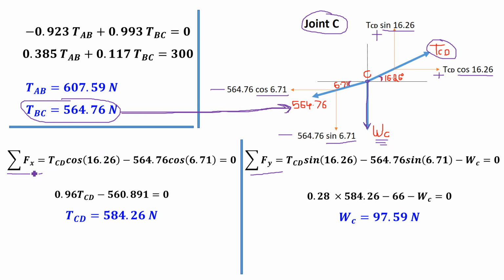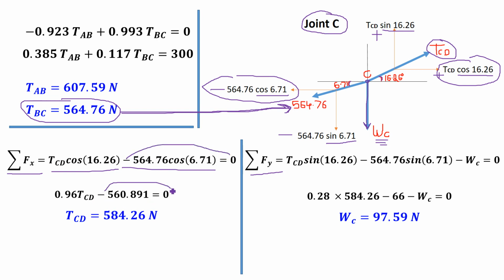Now if you apply summation of Fx equal to 0, this is minus 564 cos of 6.71 and this is plus tension CD cos of 16.26. If you take the minus to the right-hand side, it becomes plus, and this value comes to 560.891. The value of cos of 16.26 is 0.96, so if you take this to the right-hand side, 560.891 is divided by 0.96.